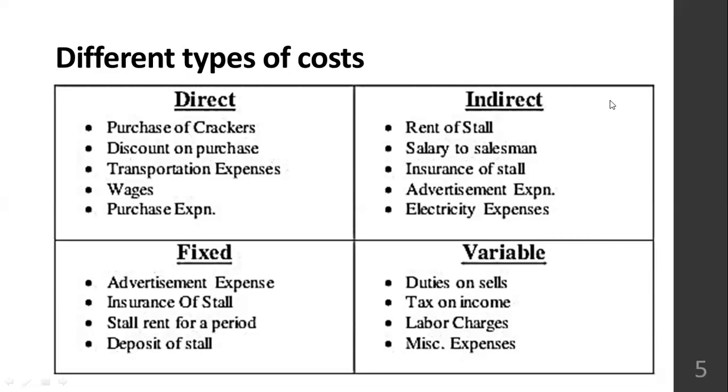Indirect cost, like the rent that you pay for your property, the salaries that you give on a monthly basis to people who work for you, that is not affecting the customers. The salary that you give is to make sure that nobody leaves your institution. It has no relation with the customers.